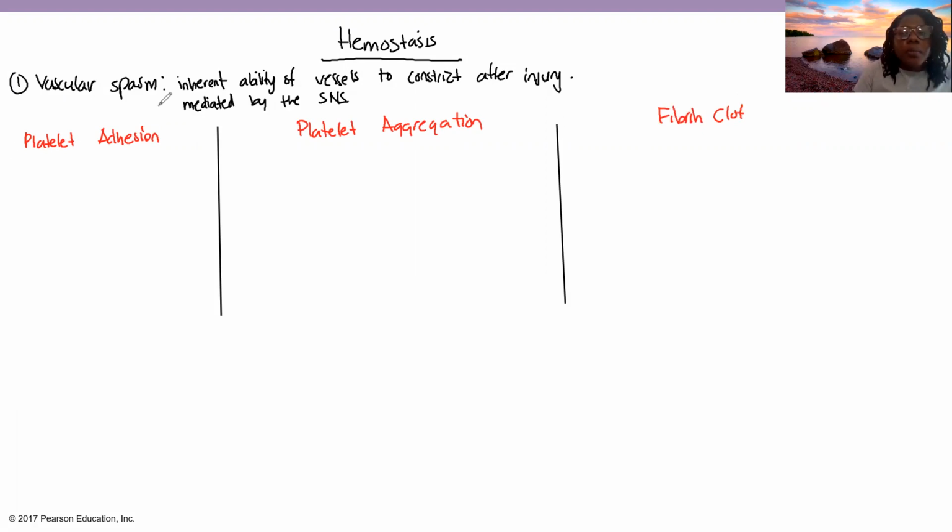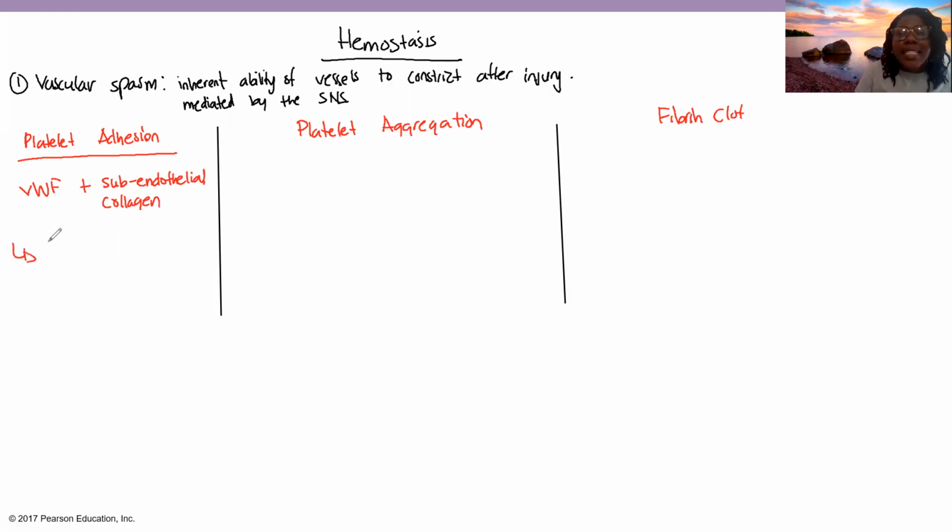Okay, so platelet adhesion basically was von Willebrand factor. So we had von Willebrand factor plus the now exposed subendothelial collagen. So von Willebrand factor binding to the subendothelial collagen, which is now exposed because of that vessel injury.